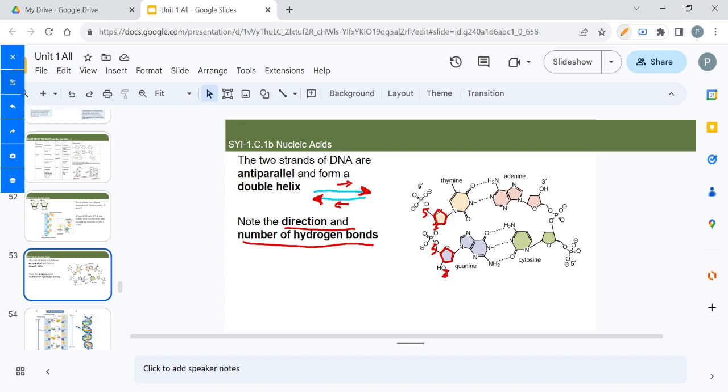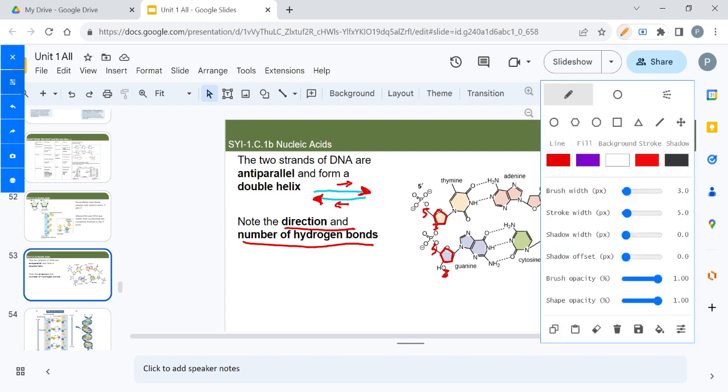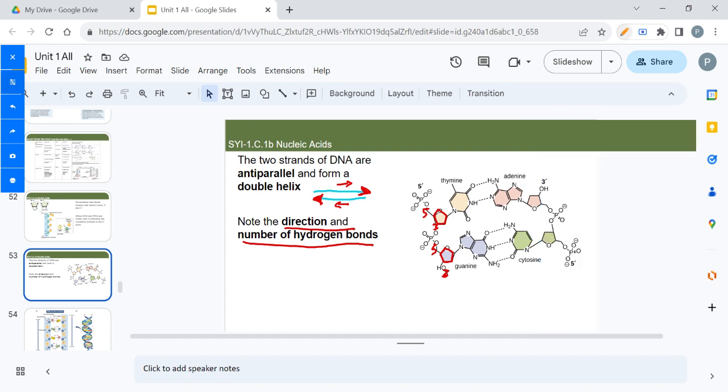If we take a look over to here, I'll do it in different colors so you can see what's happening. You get like a purple, it'd be fun. Notice how the pentose sugar is upside down now. It's upside down. So if we're taking a look, here's our 3, here's our 5, here's our 3, here's our 5, right? Et cetera, et cetera, et cetera.